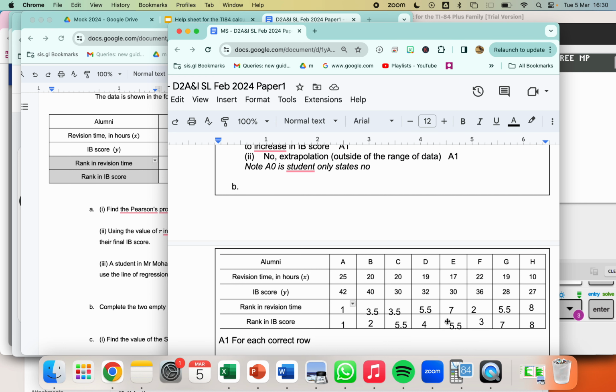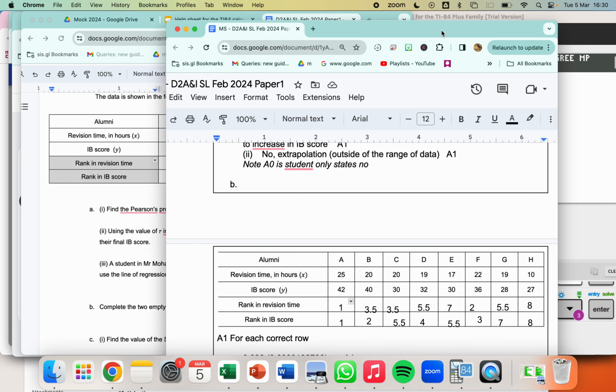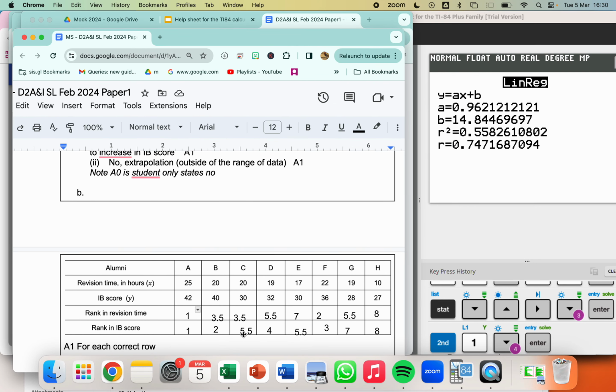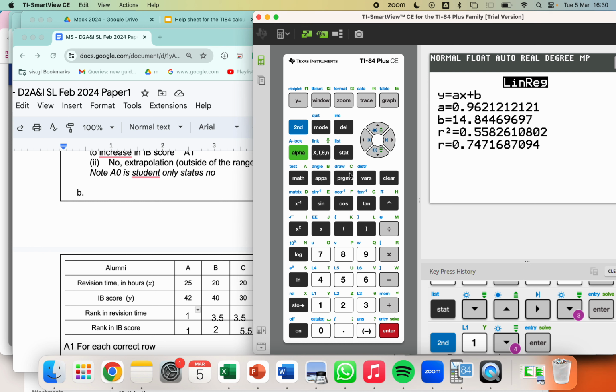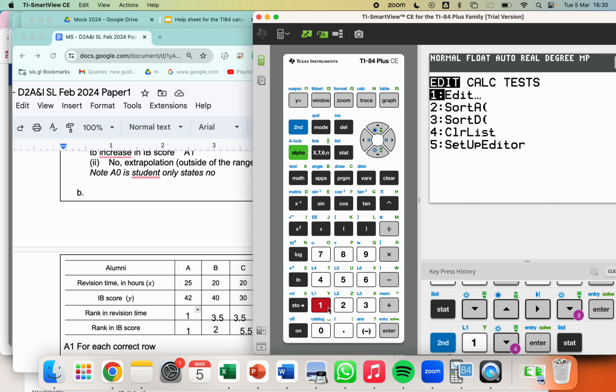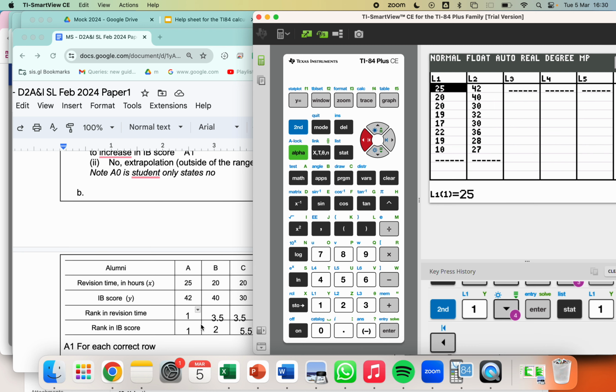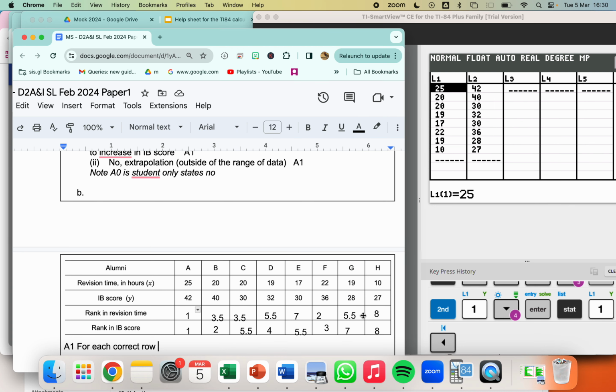We continue that process. Then all we do to finish this question is we put all of these numbers into our calculator. If in the exam you haven't got the correct numbers, you will get the marks if you write numbers down. You will get the marks for the next part of the question. We're going to go on to stat, we're going to go on to edit, and you just put these numbers back in the list.